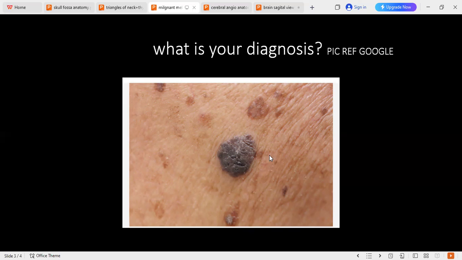Right. A patient with malignant melanoma presents with a hypercoagulable state. Why? Can you explain the pathogenesis behind it? Hypercoagulable state because the patient with malignancy is immunocompromised.